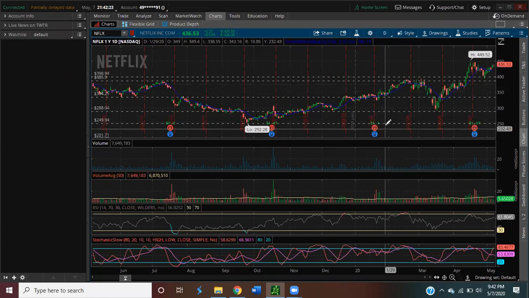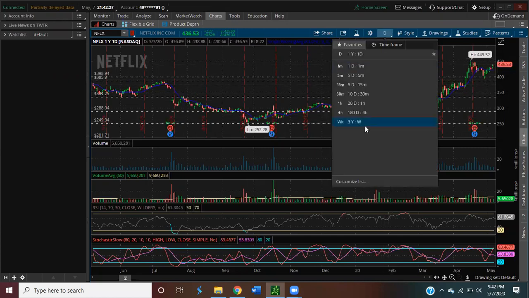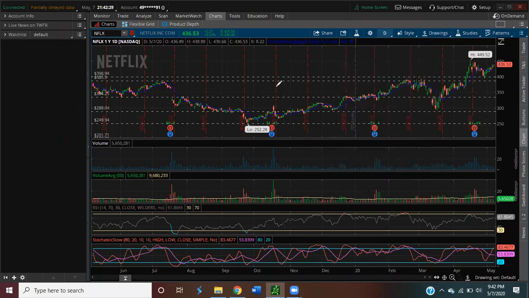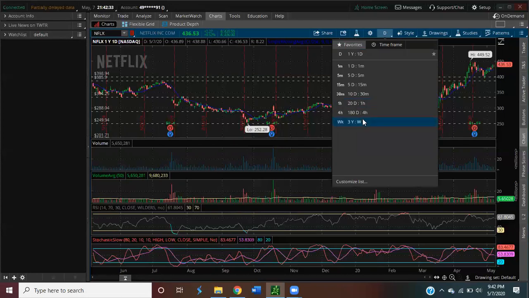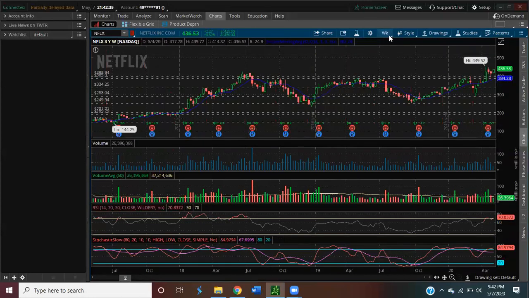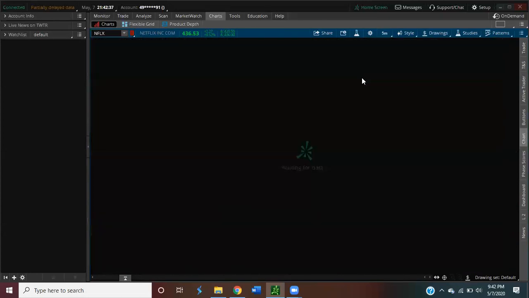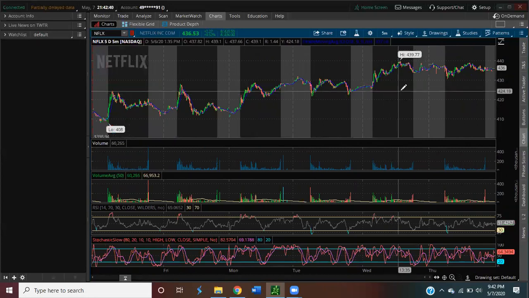So you wouldn't really be interested in this long-term support resistance. The same way that support resistance works on this 1 day, 1 year chart, or this 1 week, 3 year chart, is the same way it works on a 5-minute chart. It works the same.